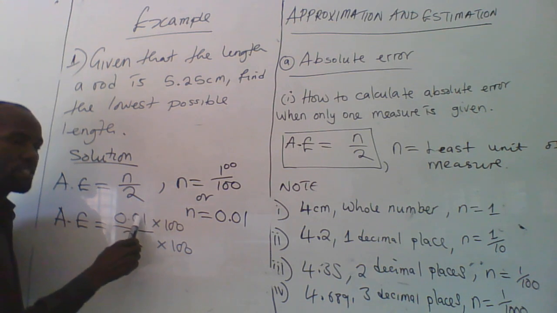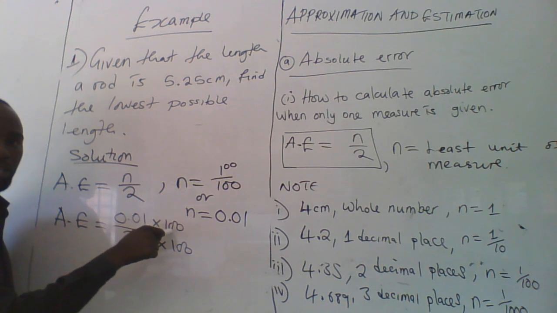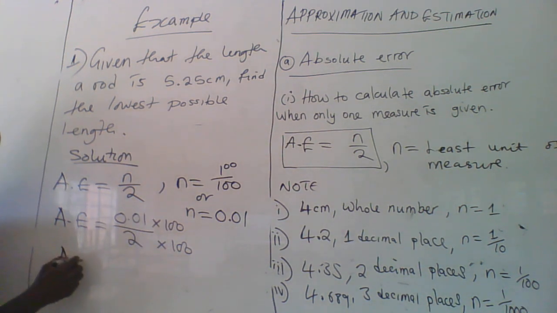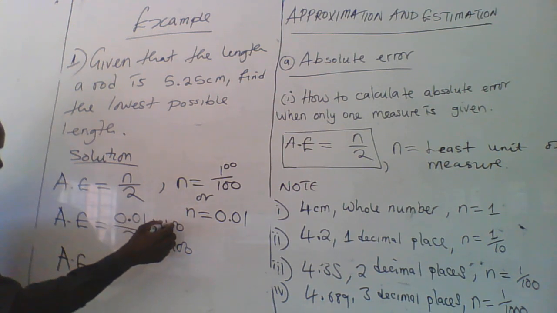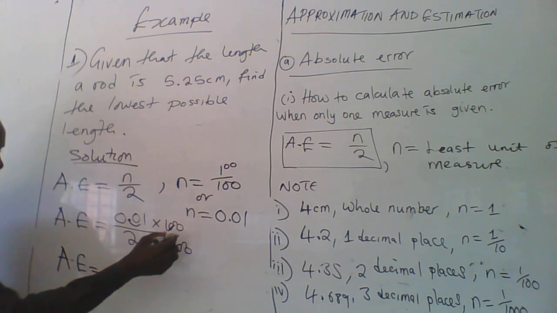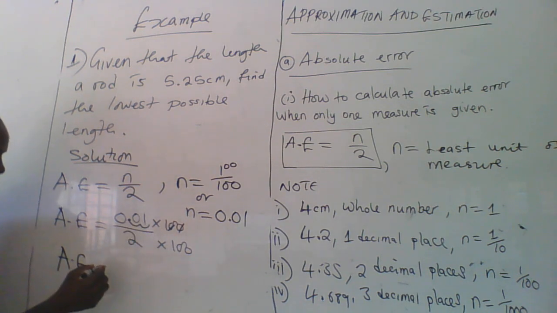We've got two decimal places, hence multiplying with 100. What you do on top, you also do at the bottom. So you remain with 1 on top over 200.